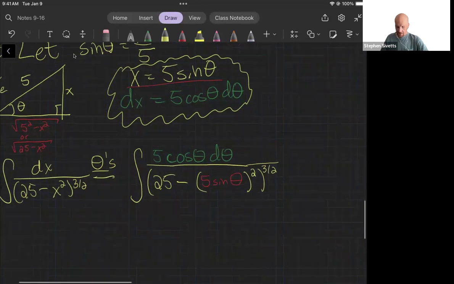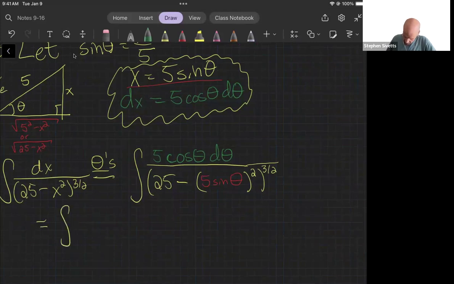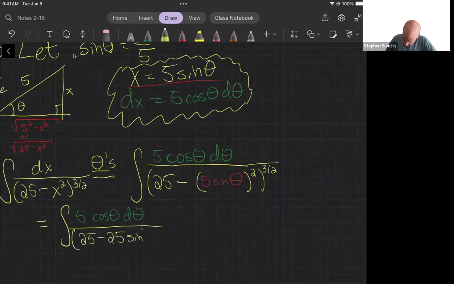So that's in terms of theta. Now to reduce this integral, we'll have 5 times cosine theta d theta divided by (25 minus 25 sine squared theta) to the 3/2 power.